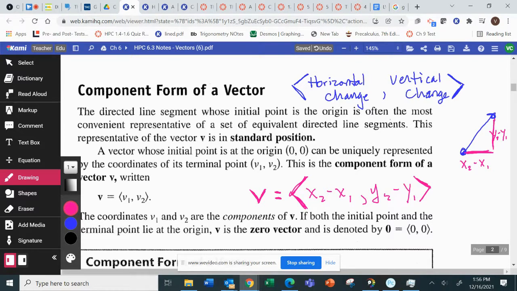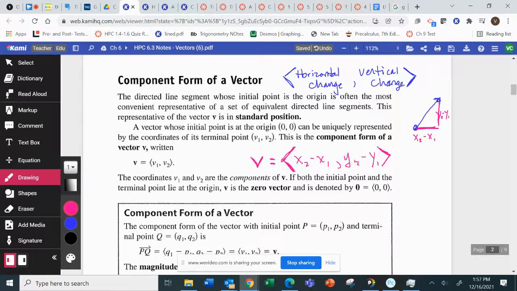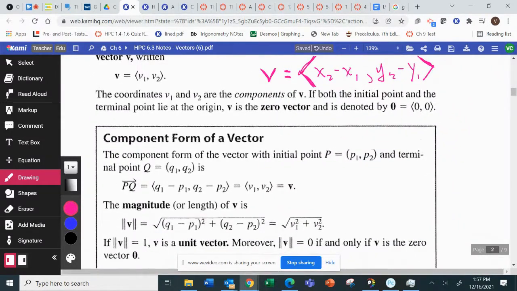They called the x2 minus x1 v1 and the y2 minus y1 v2, because we're going to use those v's in other places. So they just simplified it, and instead of keeping it x2 minus x1, they just called it v1 and v2. Now, in their box, I think it got way more complicated, because they were using the initial point P and calling the x P1 and calling the y P2.